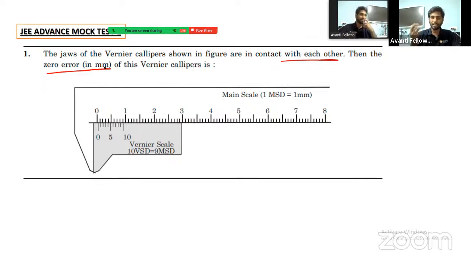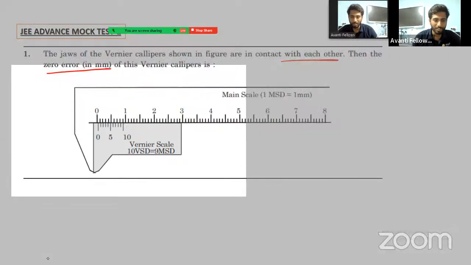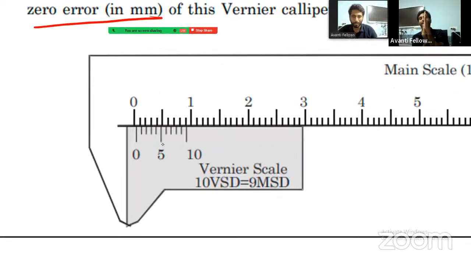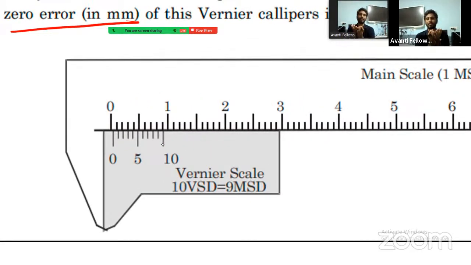They're asking zero error. Actually, देखो, if you observe, इस zero का main scale, zero का vernier scale में connection नहीं हुआ. कितना आगे गया है उसको देखना. That is the zero error. Simple है. देखो कौन सा point में वो connect हो गया.